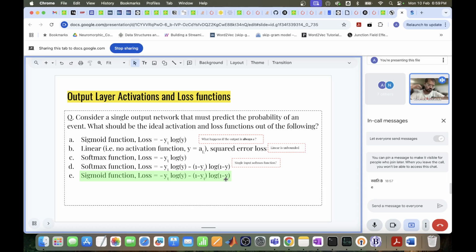Because only then it becomes a valid probability distribution function, albeit one that has just two values, right? The probability of happening and the probability of something not happening, right?